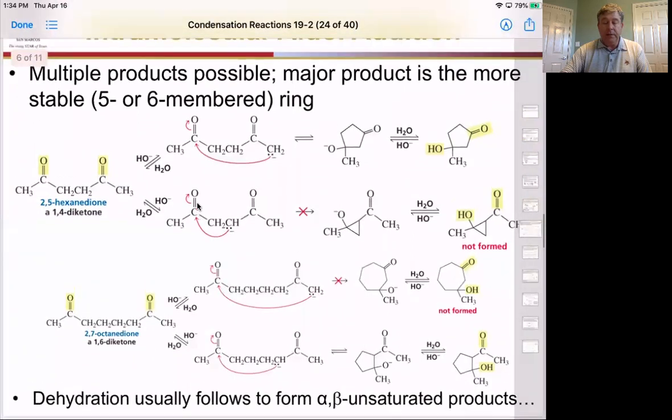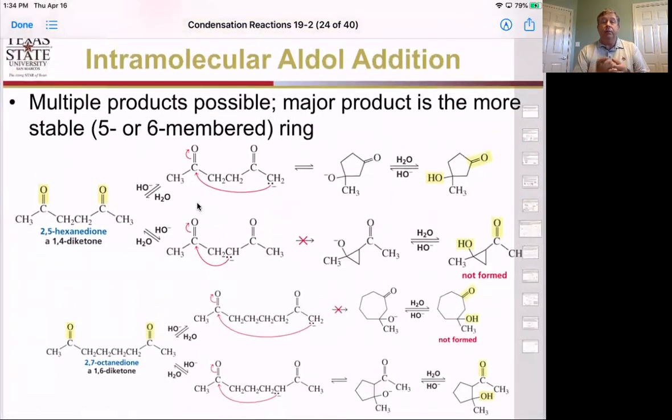Okay, just as we did with the Dieckmann addition reaction, we can also do an intramolecular aldol condensation. Now, the key with doing an intramolecular aldol condensation is you're always going to form a 5 or 6-membered ring.